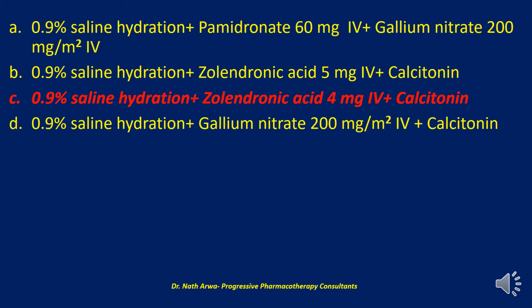That's why C becomes preferable to option A, B, and D. Then, just as a by the way, intranasally administered calcitonin isn't effective for the treatment of hypercalcemia. So just remember that. Let's move to the next question.